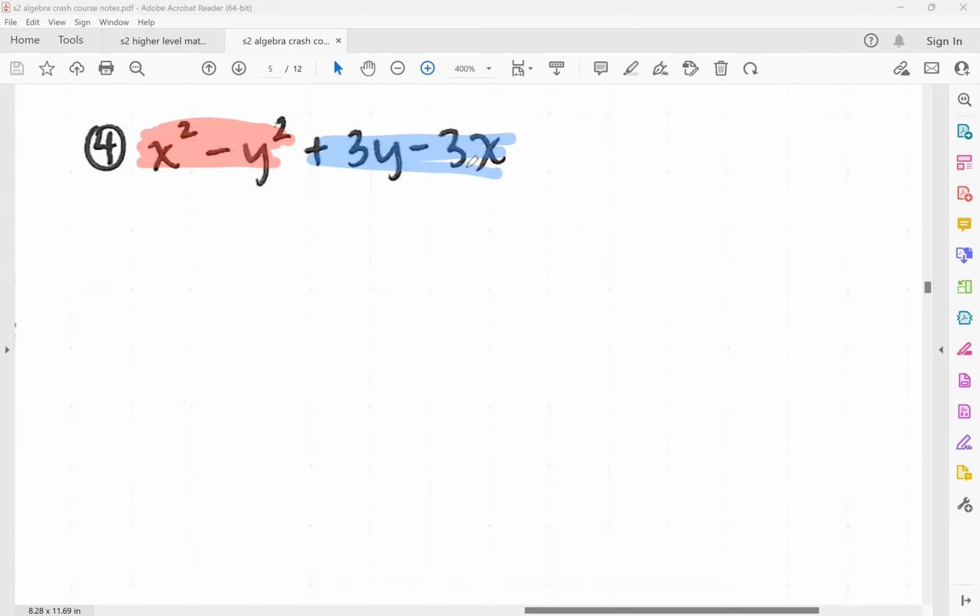Even though x squared minus y squared have nothing in common, I'll still put them together. Why? How come? Why do I want to put x squared minus y squared together even though they have nothing in common?